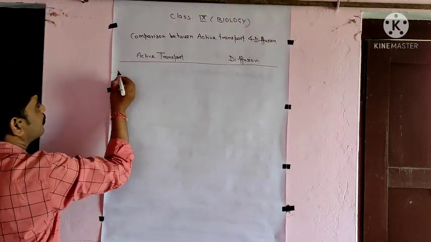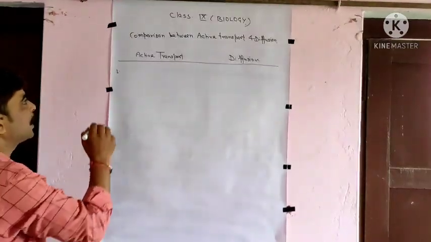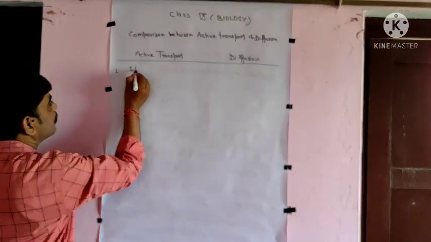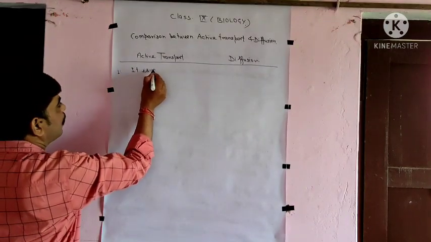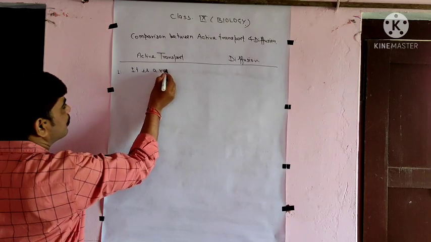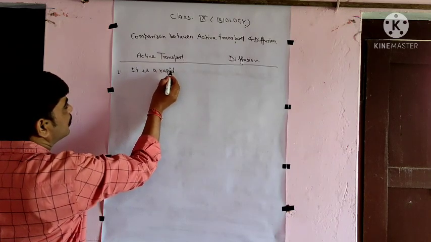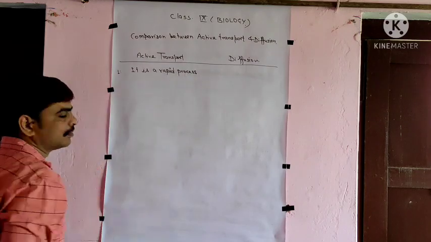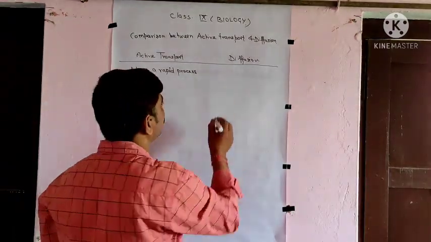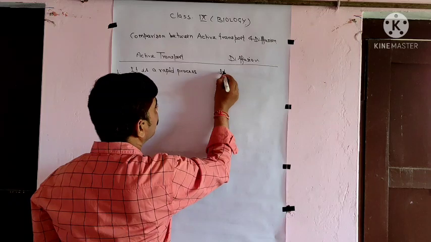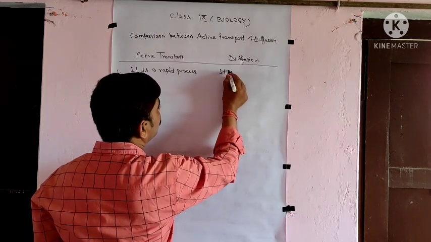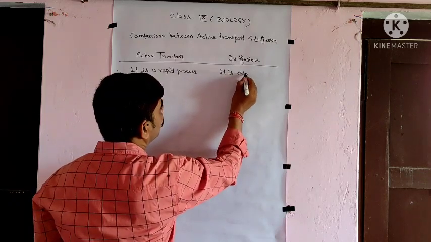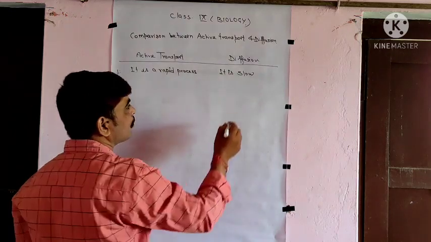If we write them point wise, first, active transport is a rapid process. What about diffusion? It is a slow process.